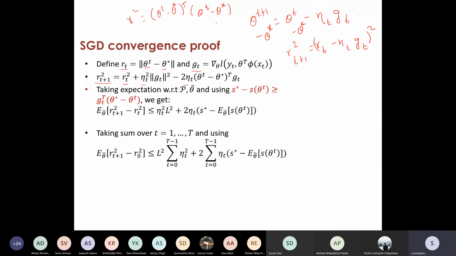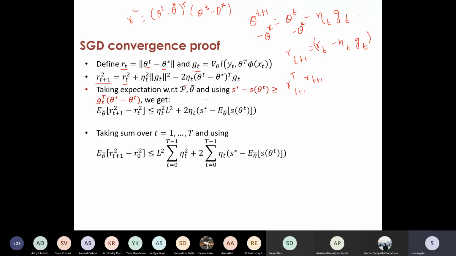This is another way of thinking about it. So forget the square here; this is just the dot product, RT plus 1 transpose RT plus 1.